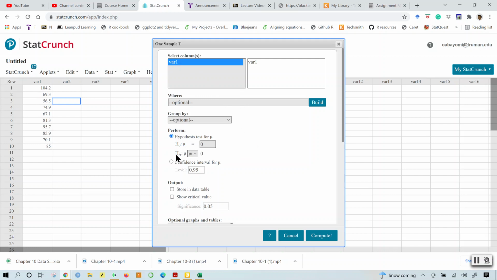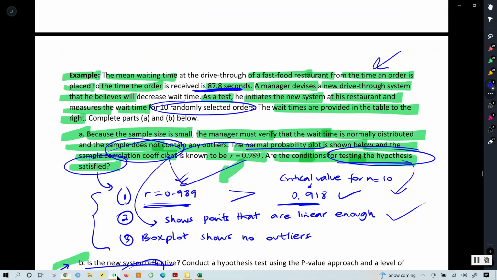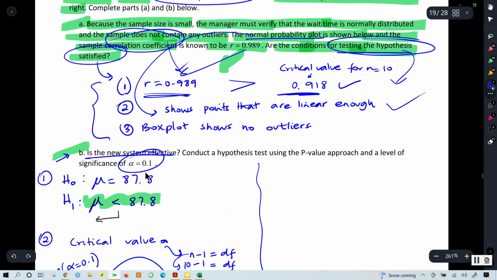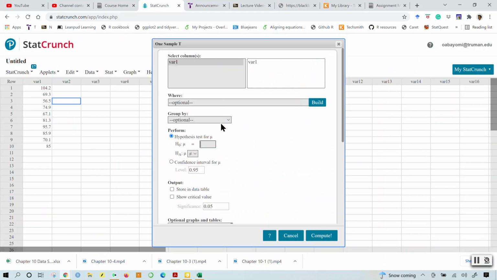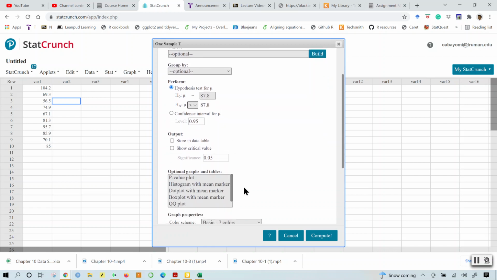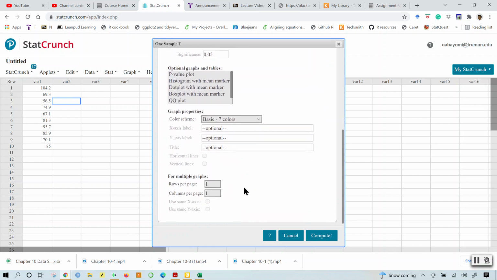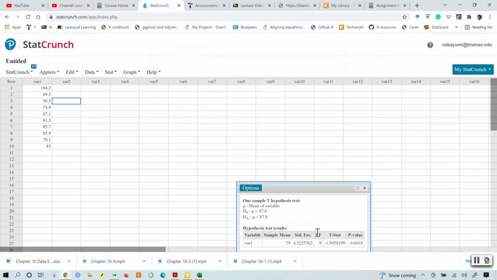And I want to perform a hypothesis test, and the hypothesized value of the mean, let's go back, is 87.8 versus less than that value. And that is all I need in this case. So go ahead and compute.